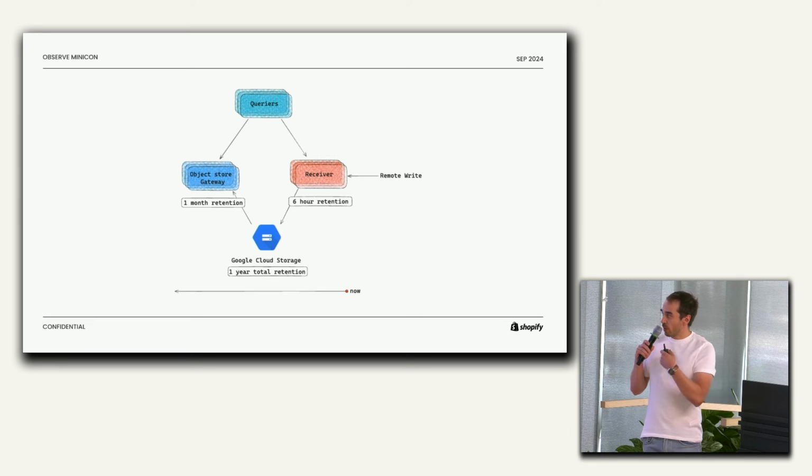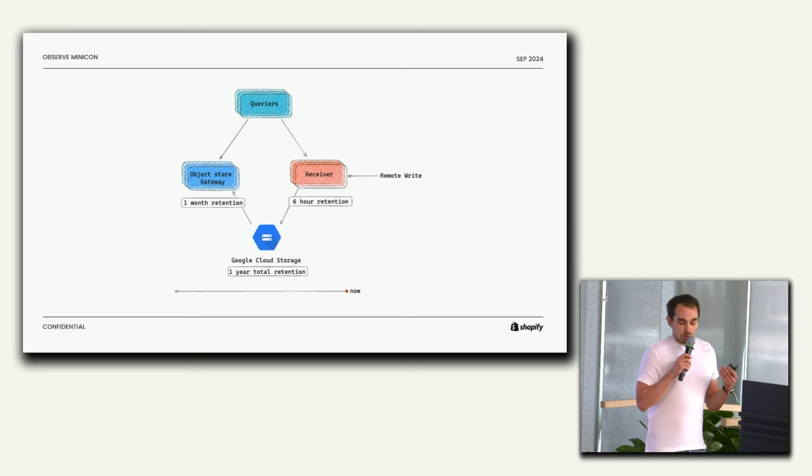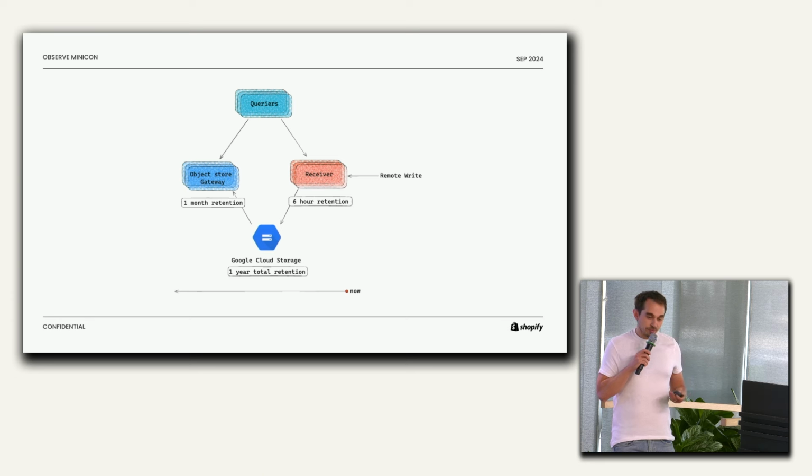And in order to query data from the bucket, we had to run a component called a store gateway. The store gateway is able to act as a proxy between query components and cloud storage and expose relevant data for a query to queriers. So when a querier had to execute a query, it would go to receivers, and it would talk to the store gateway component.